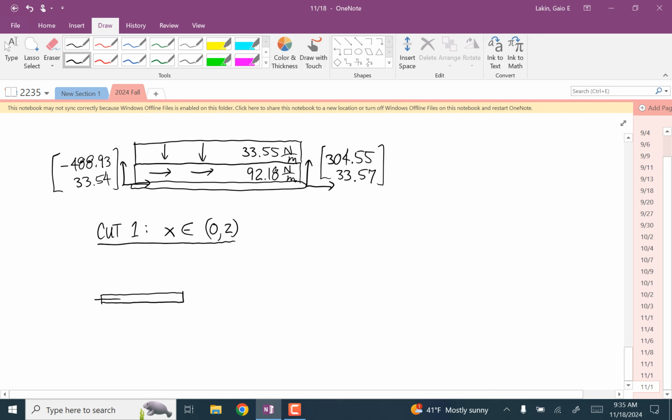Newton's second law says negative 488.93 plus 92.18x, and 33.54 minus 33.55x, plus t, negative v is equal to zeros.